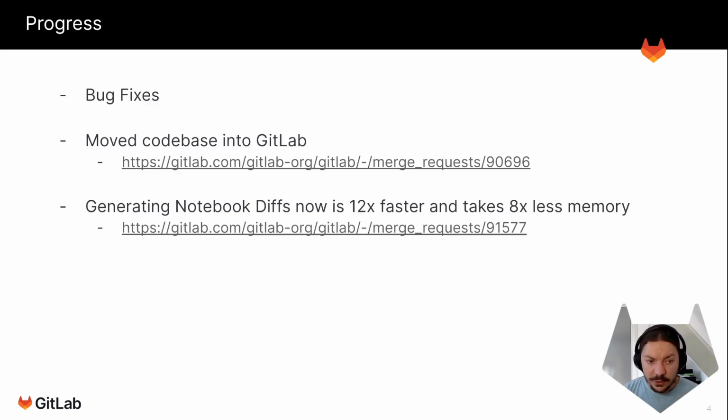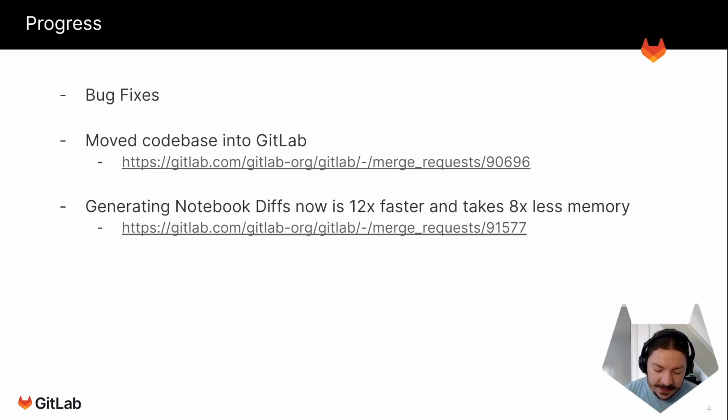And the most notable thing that we did on this release is that generating the notebook diffs now is 12% faster and takes 8 times less memory. So a 2 megabyte notebook used to take 120 megabytes of memory, and now it's taking 17 megabytes of memory. It's quite insane, the difference. We achieved that by collaborating with an open source library.